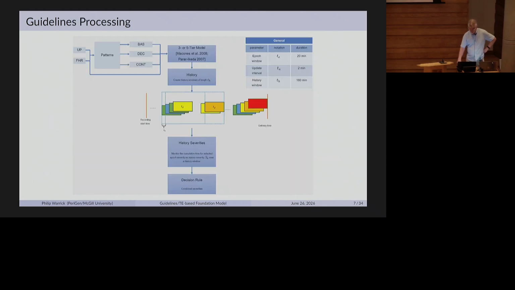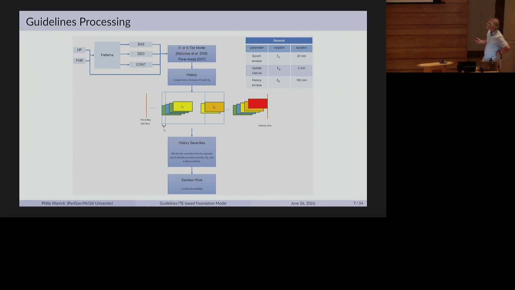So we were able to implement these guidelines because we can push our data through patterns. Perigin patterns gives us the baseline, decel, and contraction events. XL is in there as well, but we don't really need it too much for the guidelines because XLs indicate healthy state.